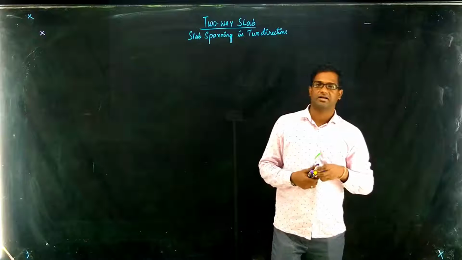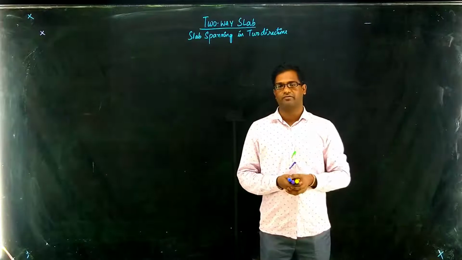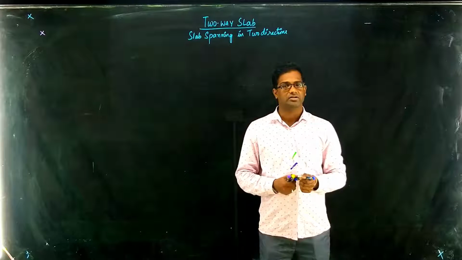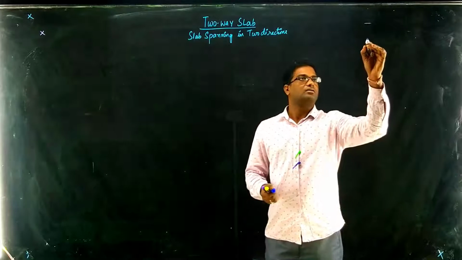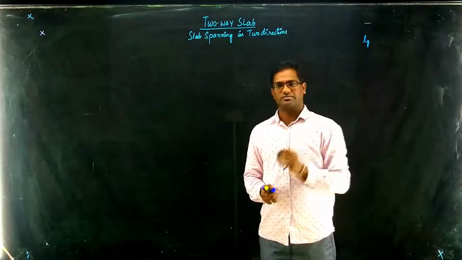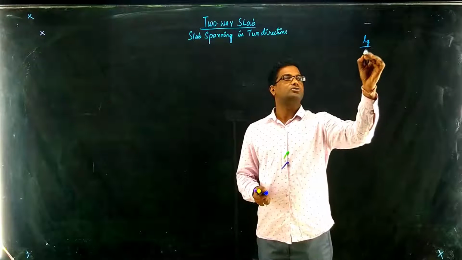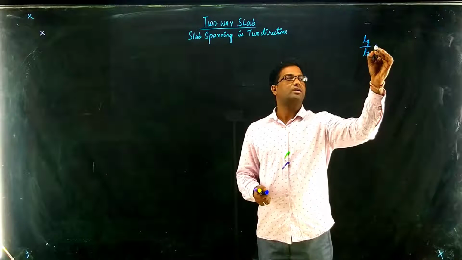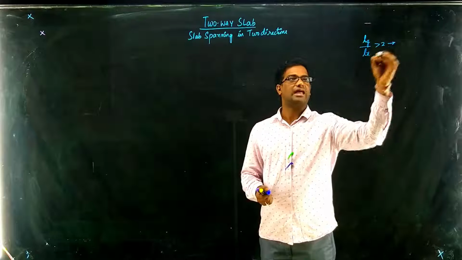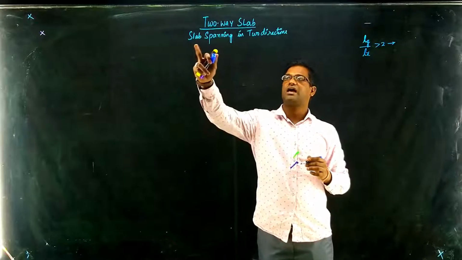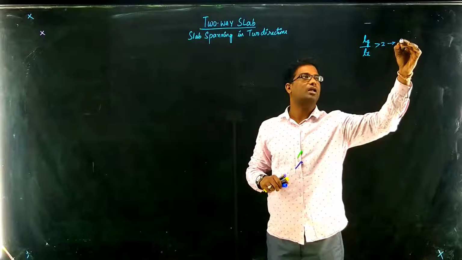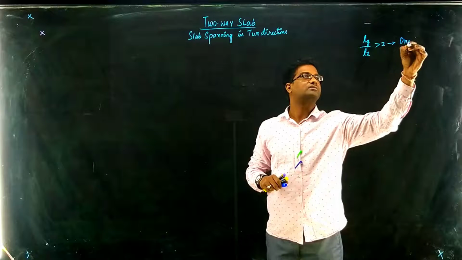We have discussed that in a slab we have two dimensions. One is the shorter span, one is the longer span. If the ratio of longer span to shorter span is greater than 2, then the slab is categorized as a slab spanning in one direction, or one-way slab.